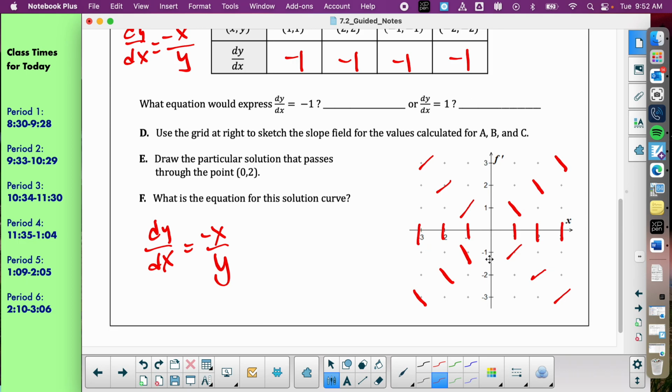And then if I had any points on the y-axis, they would all have answers of 0. Except for the point 0, 0, which would get drawn as a dot, because that would be indeterminate. And then if I were smart, I could calculate that the slopes would be the in-between slopes.